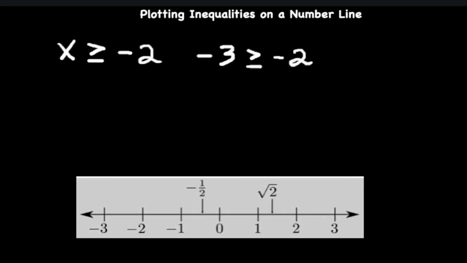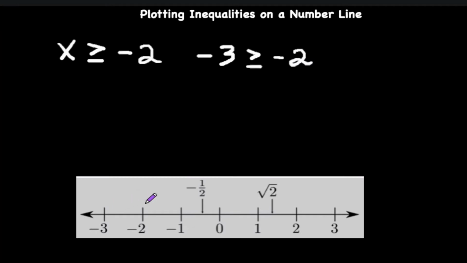And the reason why is if you take a look at this number line here, numbers to the left of 0 we know are less than 0. However, let's take a look at the numbers -2 and -3 specifically. Well, -3 is further away from 0 on the number line than -2 is. So that means -3 is less than -2.